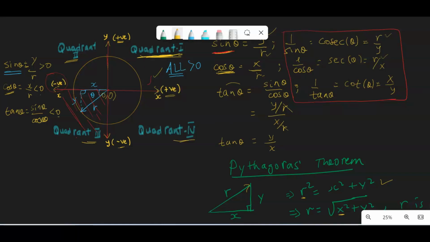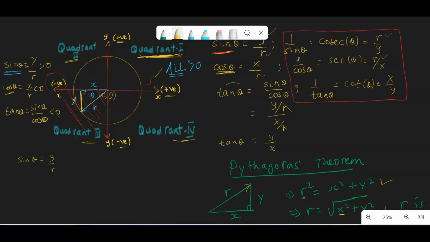Alright, so let's consider this blue triangle, the right angle triangle, with an included angle of theta, adjacent side x, and opposite side of y. Okay, so sine of angle theta is the opposite side, which is y, divided by hypotenuse, which is r.